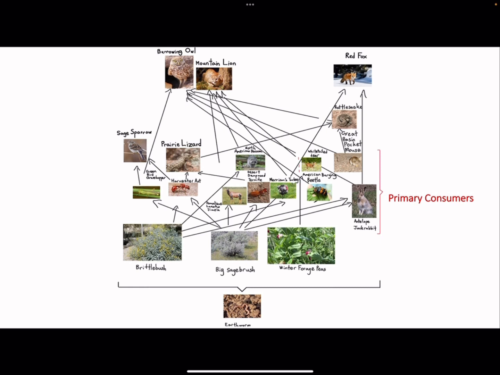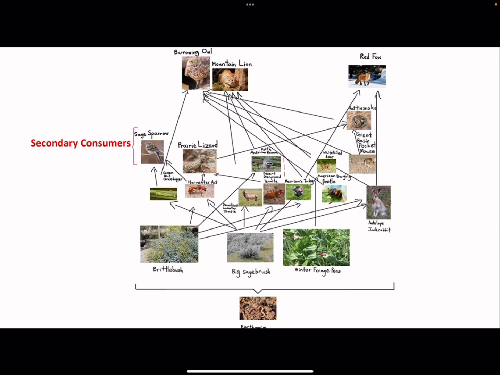Consumer is any organism that gets energy by eating other organisms, dead organisms, or abiotic factors. Harvester ant is the one that eats the big sagebrush in this case. Note that primary consumers are usually herbivores.